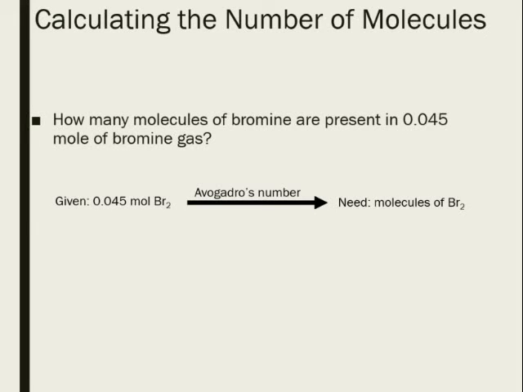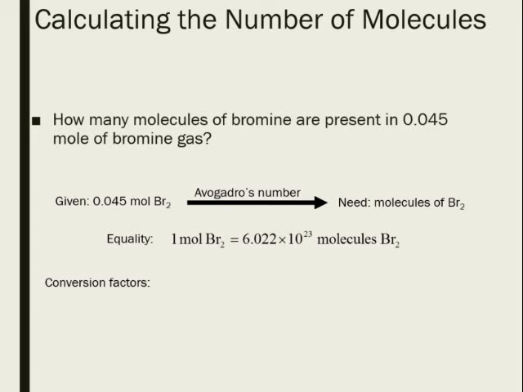And like we just said in the previous slide, Avogadro's number is going to be that thing that allows me to go from the moles to the number of molecules. And if you remember their statement of equality here, 1 mole of bromine, and again, it can be 1 mole of anything, it's just for this particular example, it's bromine, equals 6.022 times 10 to the 23rd molecules of bromine.